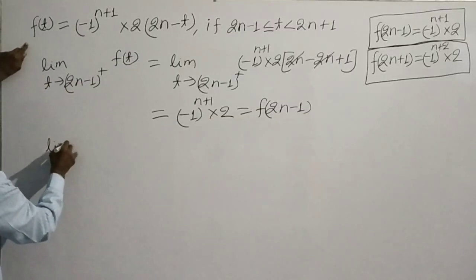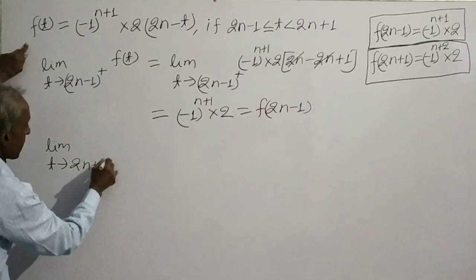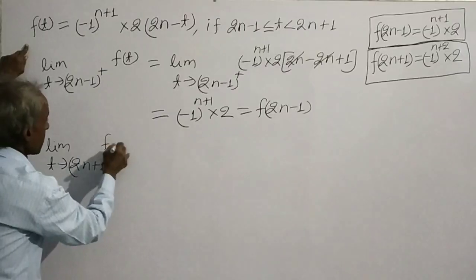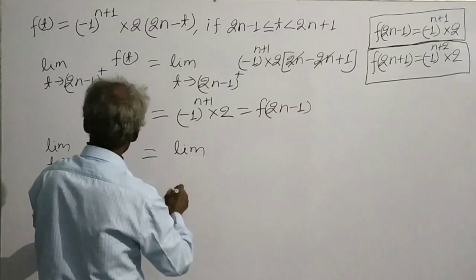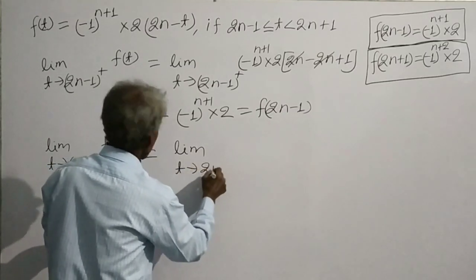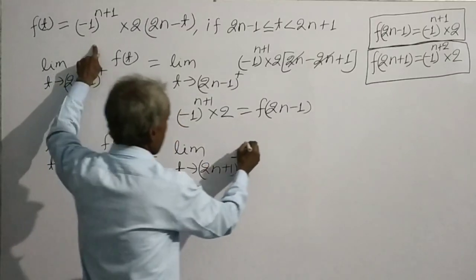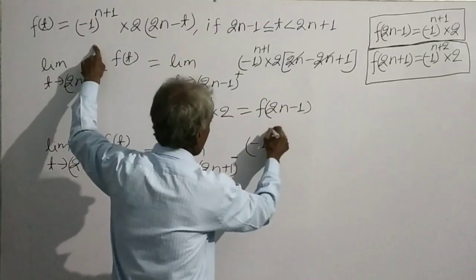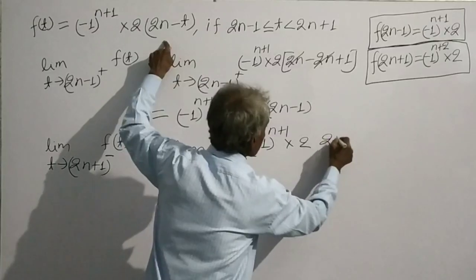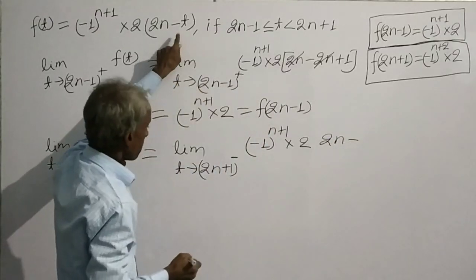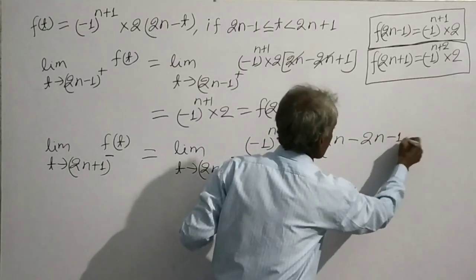Limit of t tends to 2n plus 1 from the left hand side, f(t) is equal to the limit of t tends to 2n plus 1 from the left hand side, f(t), (-1)^(n+1) times (2n-t), but t tends to 2n plus 1, 2n minus 1.